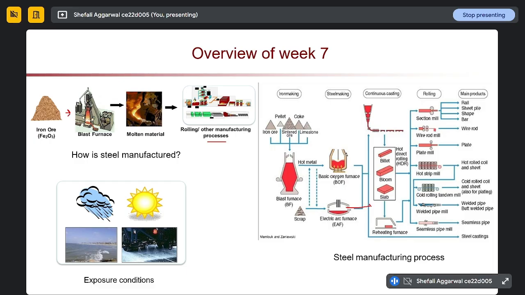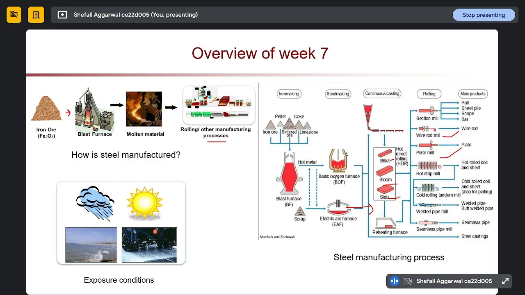After taking it from here, we can have it in the form of slabs. If we are doing hot rolling, it can be bloom or slab. Otherwise, if we are doing cold rolling, we can do section milling, wire rod milling, plate milling.